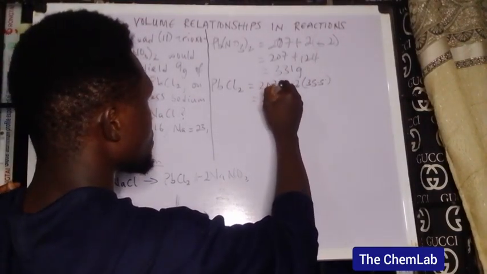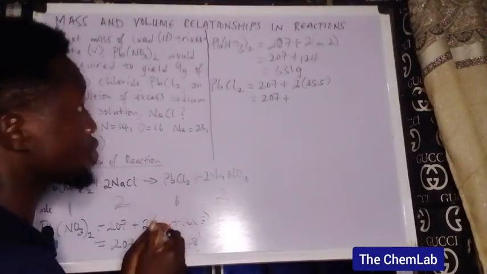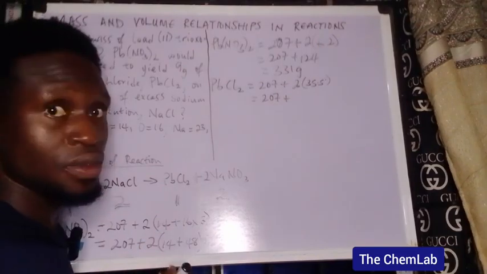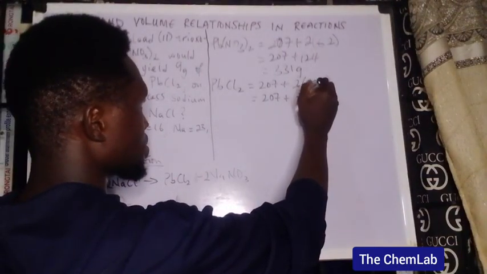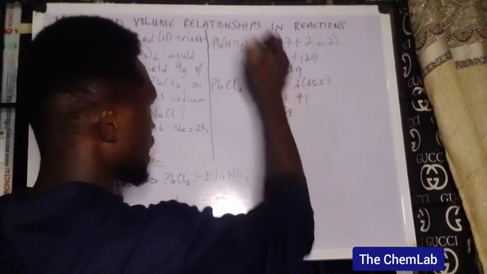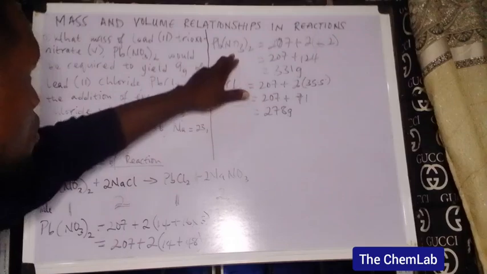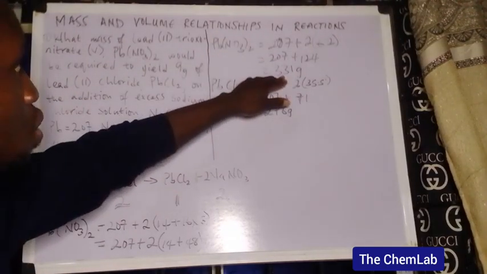So we have 207 plus 2 times what's inside the bracket, that's 71. And so we have 278 gram. So the molar mass of lead(II) nitrate is 331.